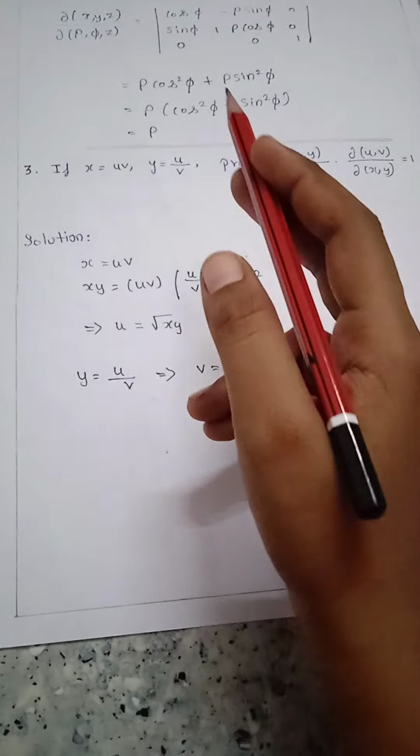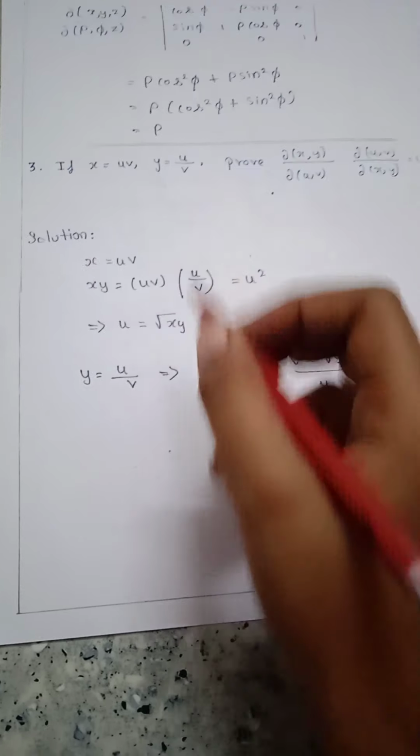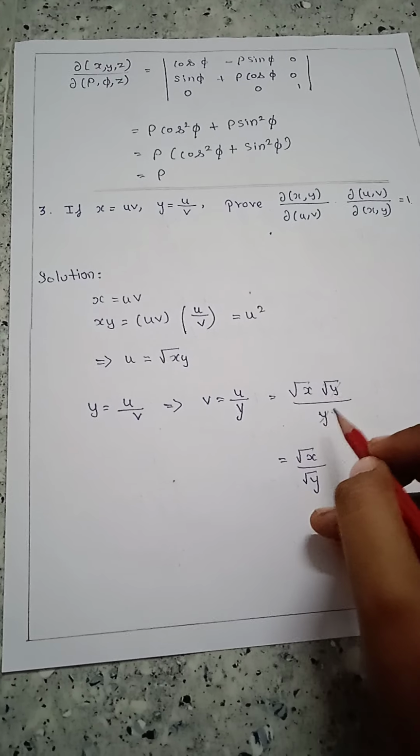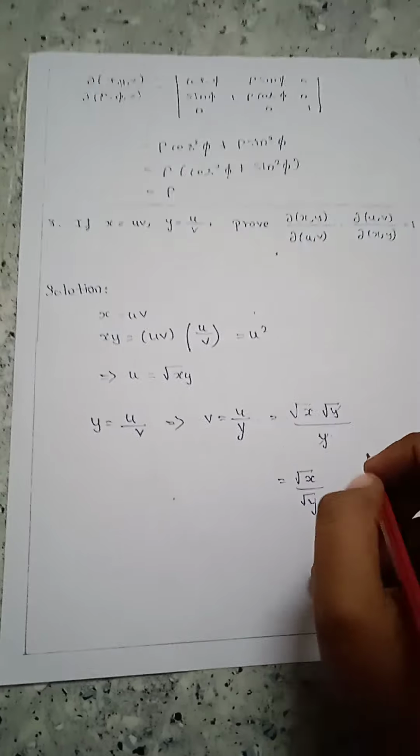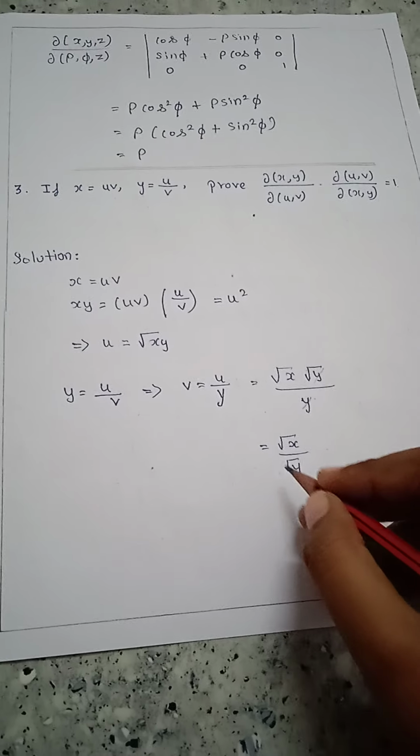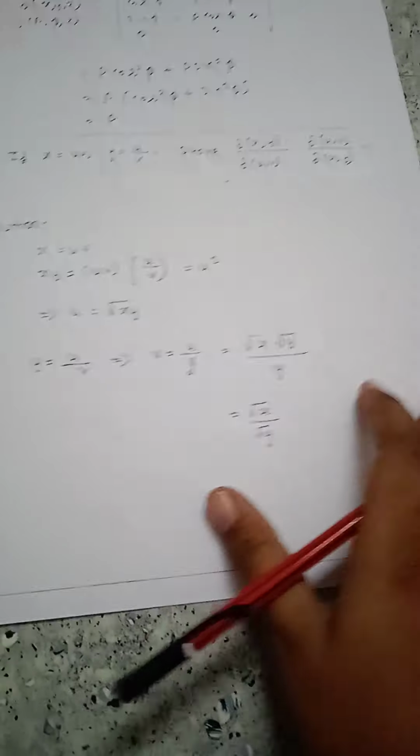Then y is equal to u by v, so v is equal to u by y, which is root x root y divided by y. One root y cancels, and we get v equal to root x by root y.